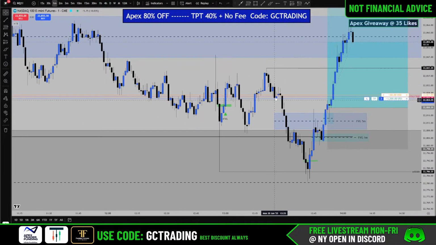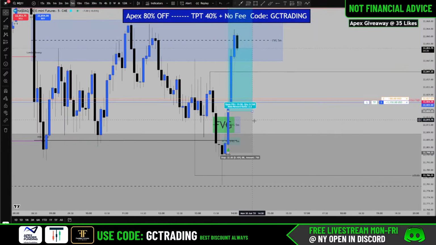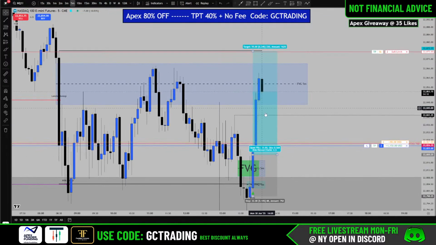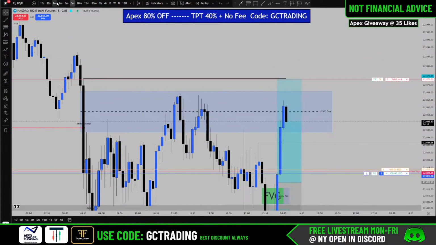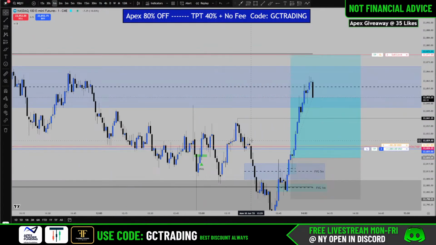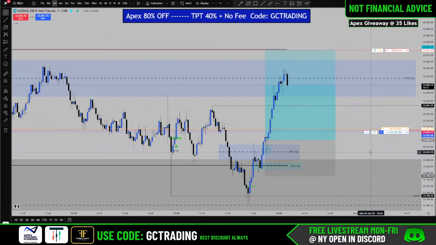See how we displaced lower very fast, taking out that liquidity, and then we got the inversion, the buy sequence back up very fast as well. That gives us a lot of confidence in this trade. Once we inverse this 5-minute gap on the 5-minute, then we can look to get long to this 5-minute gap right here. That is the trade. That's the model.